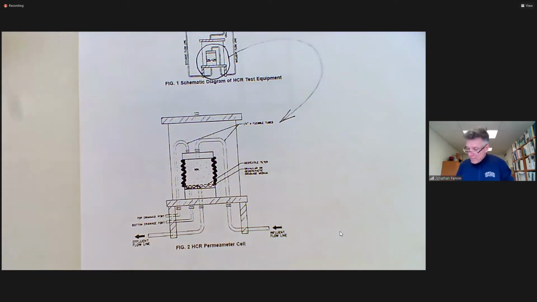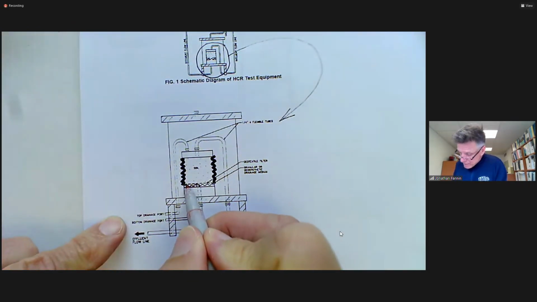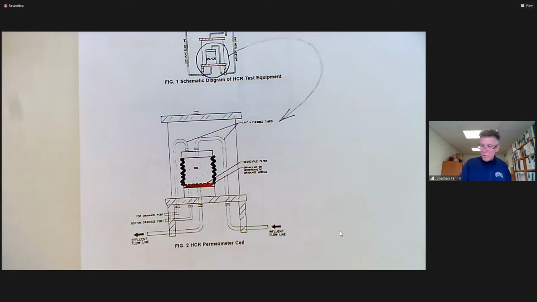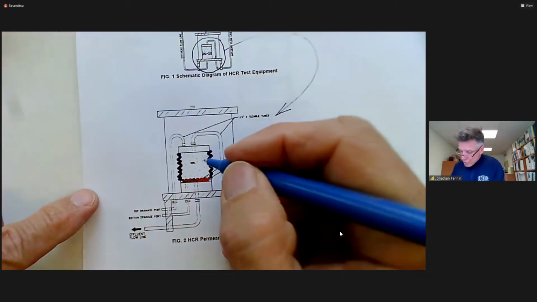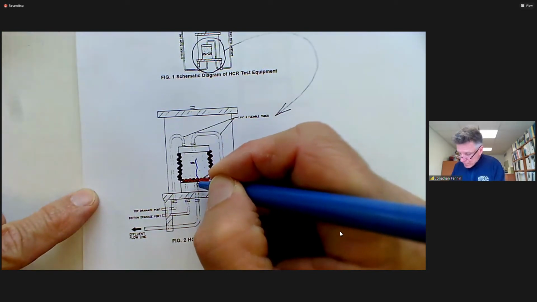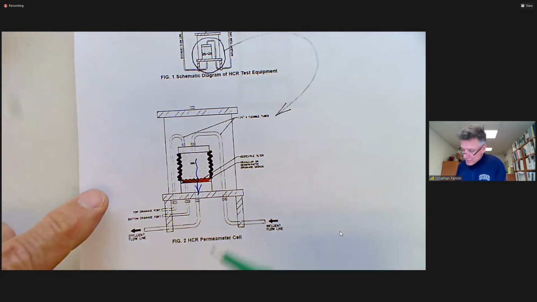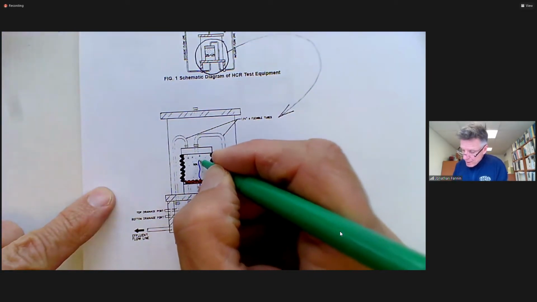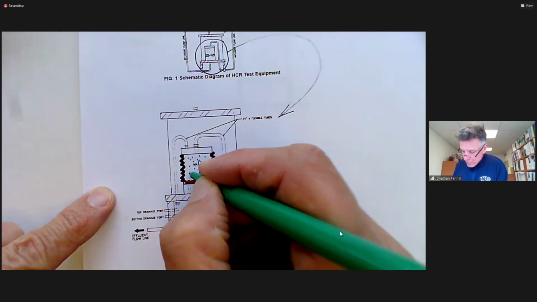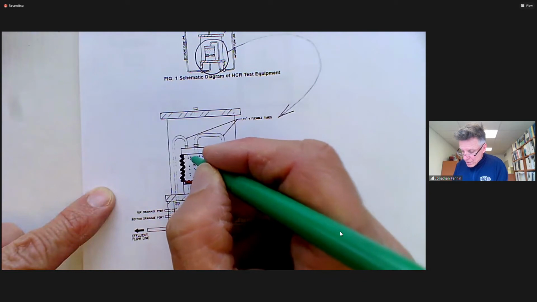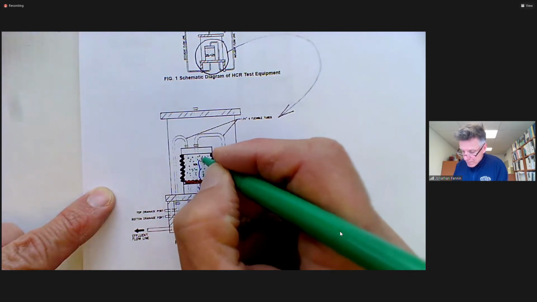We still have the geotextile specimen on the base, and we still flow water down through the soil and across the geotextile. Let me acknowledge the presence of the soil here. In this case, I'm not going to go into the details of the interpretation, nor show you test data.